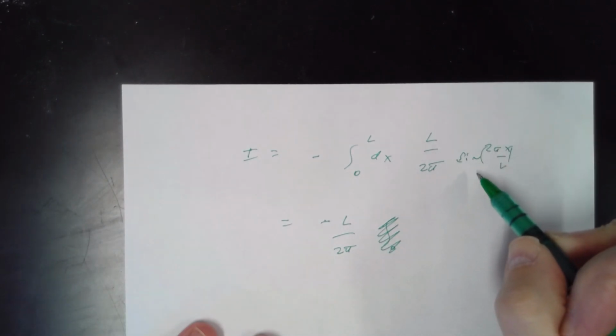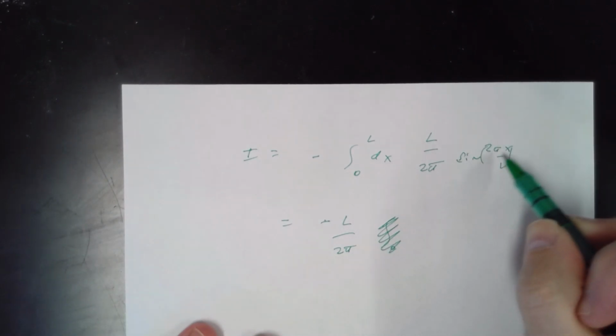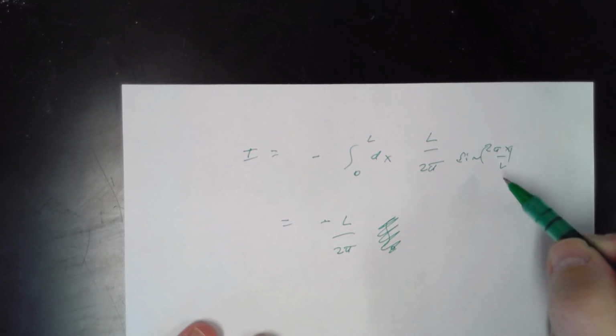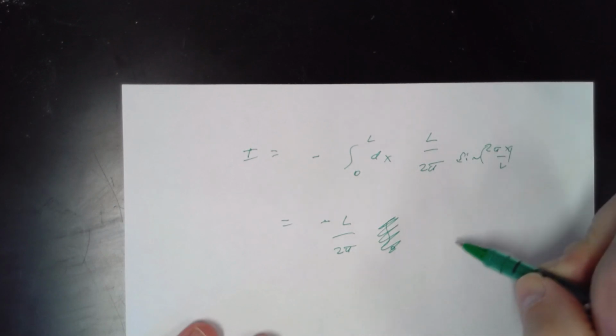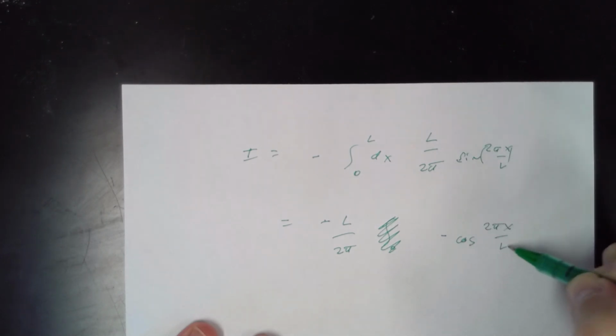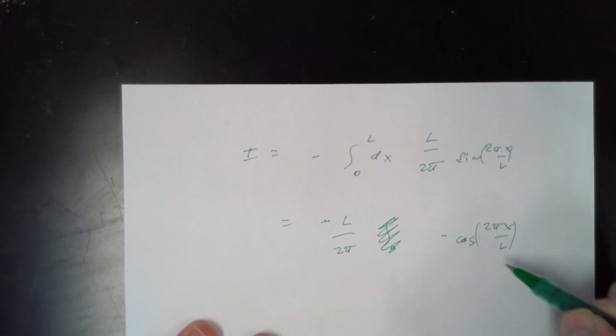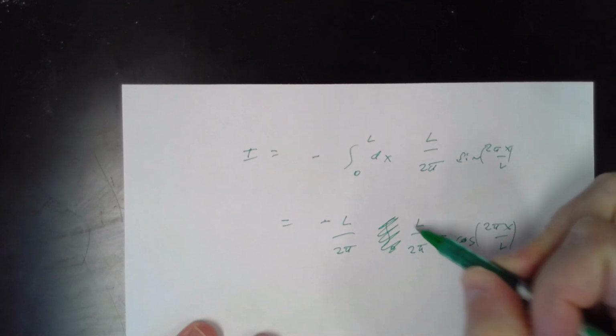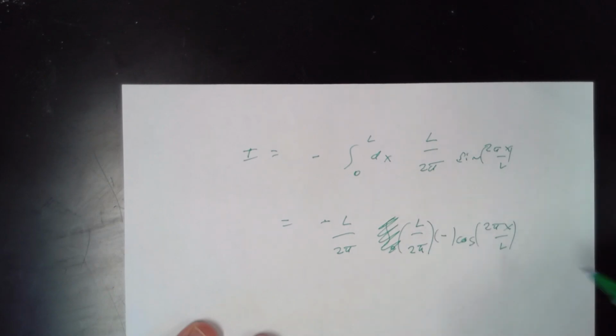So now I have the antiderivative of sine of 2 pi x over L. Well, that is just negative cosine 2 pi x over L times L over 2 pi. And then I have to evaluate that between my limits of integration.